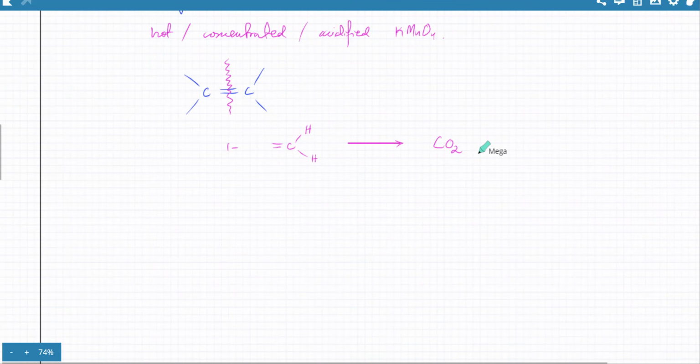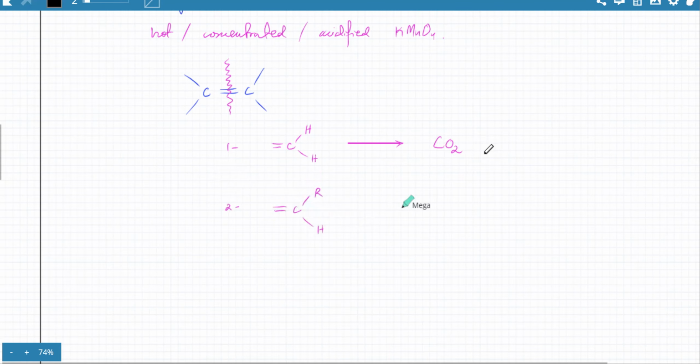So scenario number one is that once the double bond has broken away, you get this residue, and this thing would be converted into carbon dioxide. Scenario number two is that the double bond breaks and the carbon on one side has a carbon chain, R represents a carbon chain, and on the other side you have an H atom.